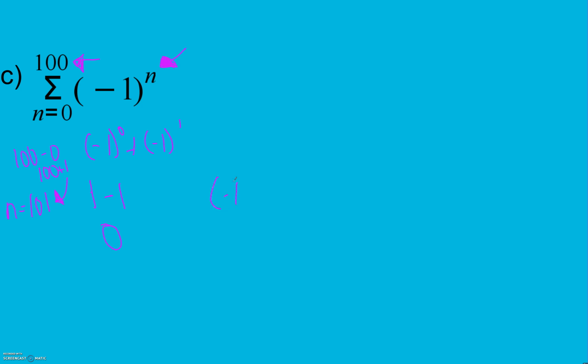So we take negative 1 to the 100th power, which is even. Whenever we take negative 1 to an even power, our answer is going to be 1, because 2 negatives make a positive. So we're going to have 100 negatives, and they're going to cancel into 50 positives, so we're going to end up with 1.